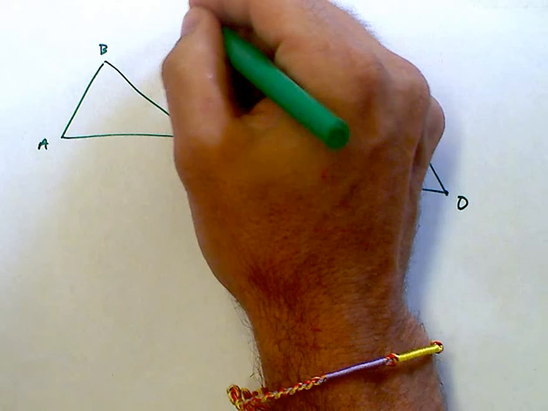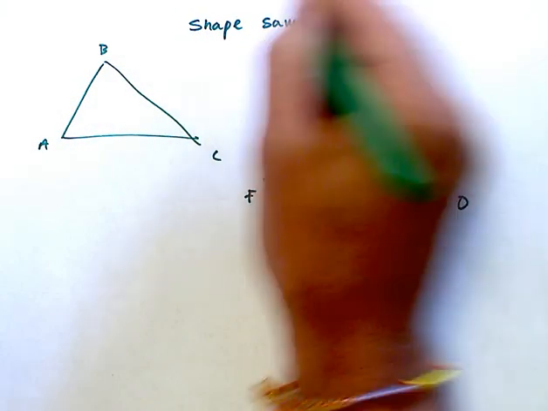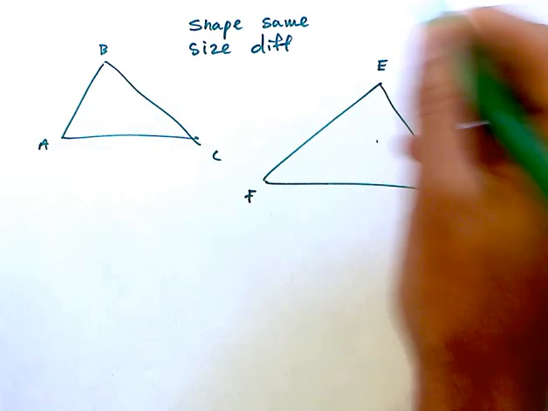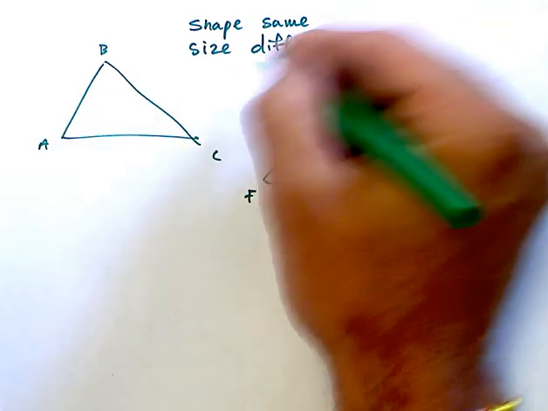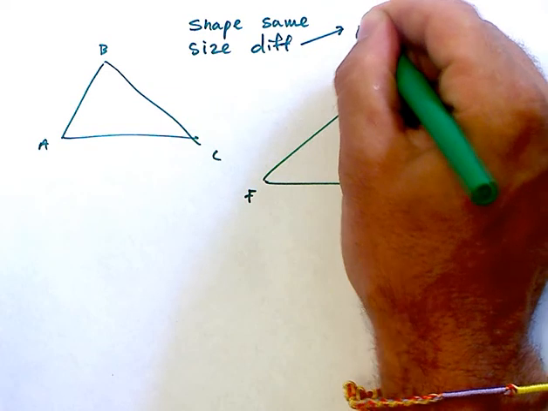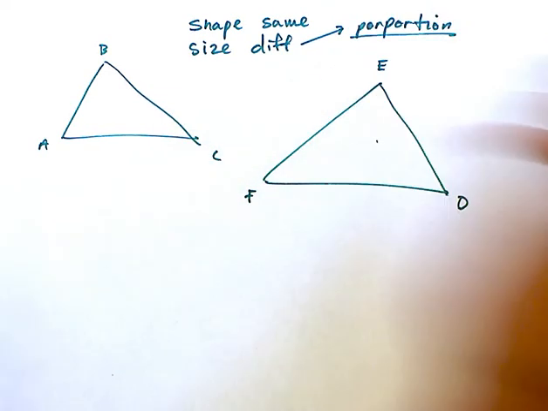Although the shape is the same, size is different. Although, because of the same shape, their size will actually create a proportion. I think I spelled this right.